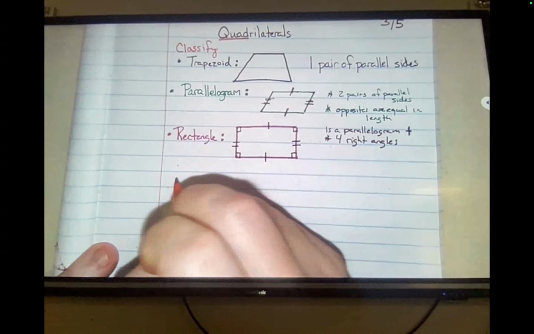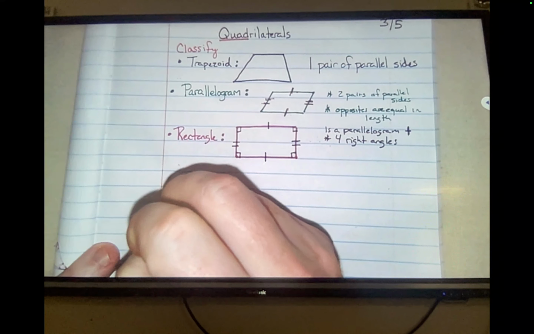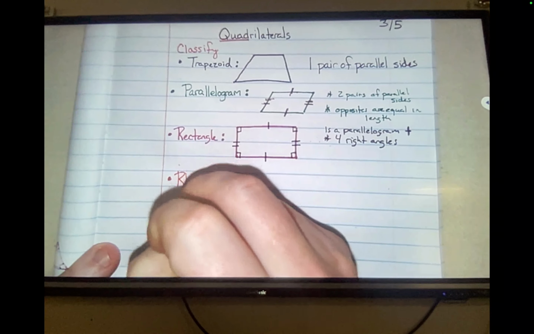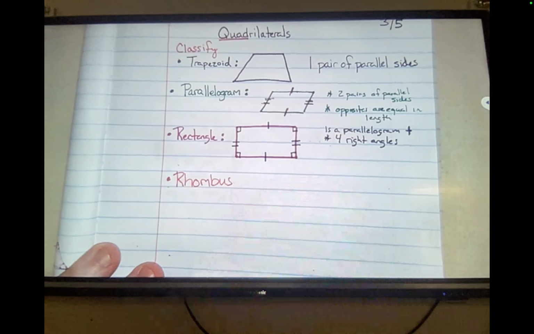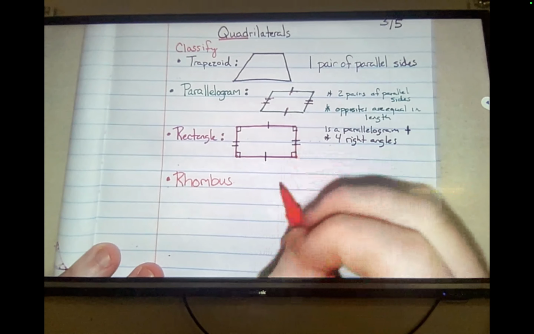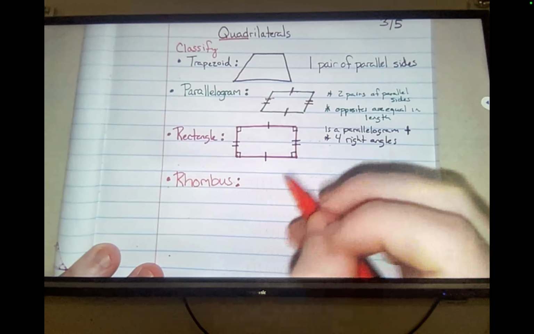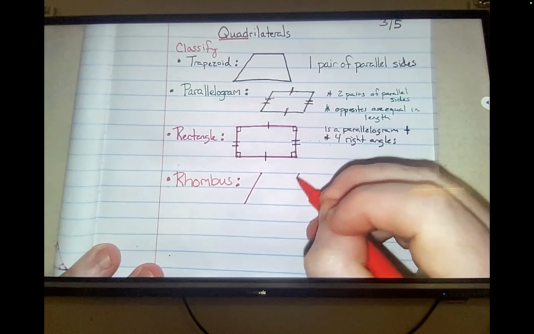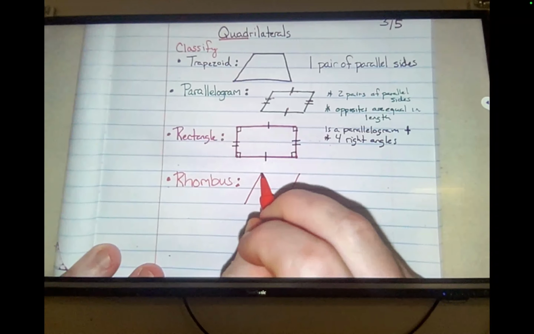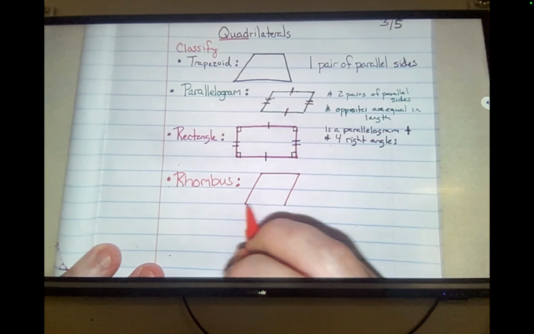It's called a rhombus. And a rhombus is just a fancy word for a pretty normal shape. So a rhombus has 4 sides that are the same length.